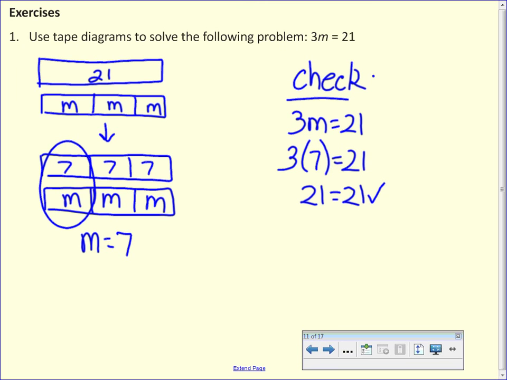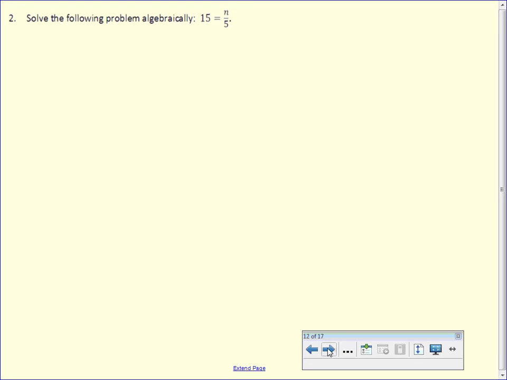All right, let's try division 1. They want you to solve this one algebraically. So if it's division, what is the inverse operation that you're going to use? Multiplication. And what am I going to multiply both sides by? I want to get my n alone.